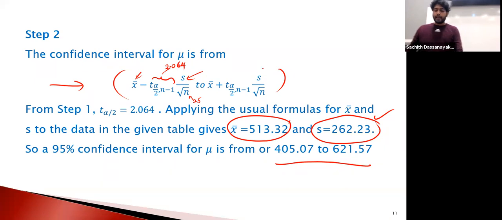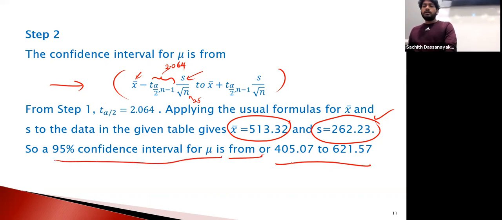Actually, if you are familiar with the previous part 8.2, how to use sigma known, then this is going to be pretty easy. Okay, clear? So the final answer is the 95% confidence interval for mu, from this to this, or using interval notation.